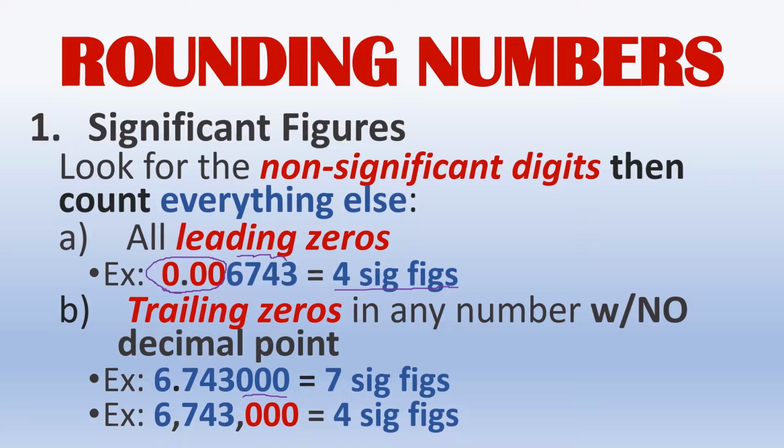We're not going to say that those are insignificant. So this has 1, 2, 3, 4, 5, 6, 7 significant figures. The second example, 6,743,000, has these trailing zeros at the end, and there's no decimal point written in this number, so there are only 4 significant figures left. That's a real short review on significant figures.